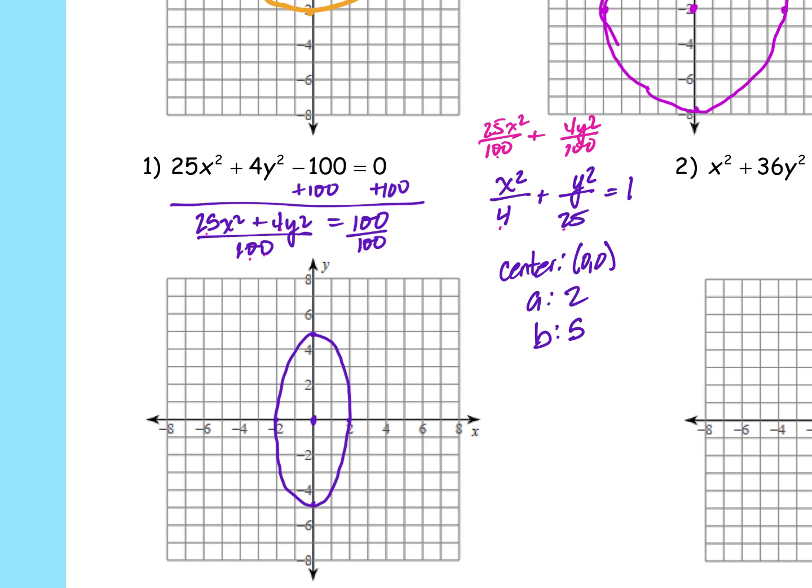So 25 goes into 100 4 times, and 4 goes into 100 25 times. Since it's in the bottom, it stays in the bottom. I simplified the fraction 25 over 100 and 4 over 100. Does that help a little bit? Yeah, that makes more sense.